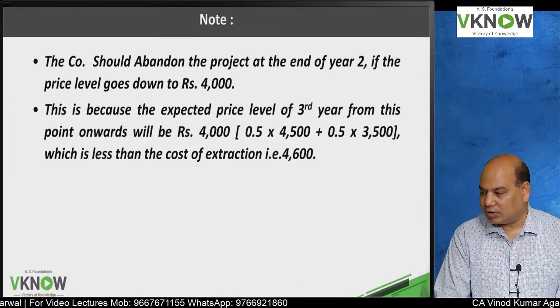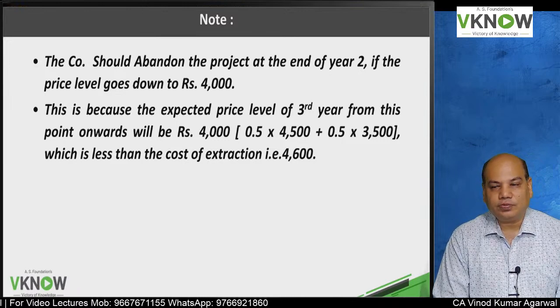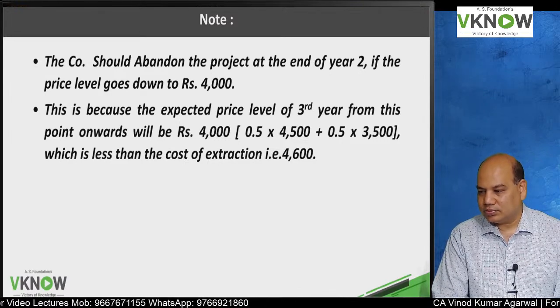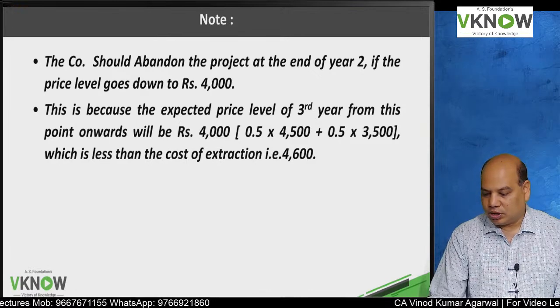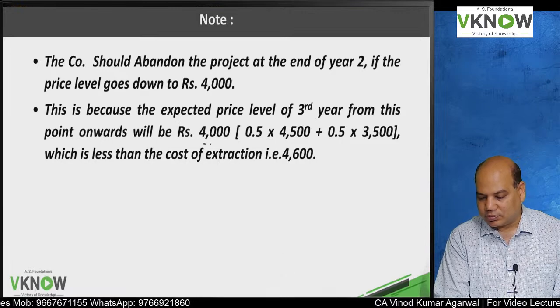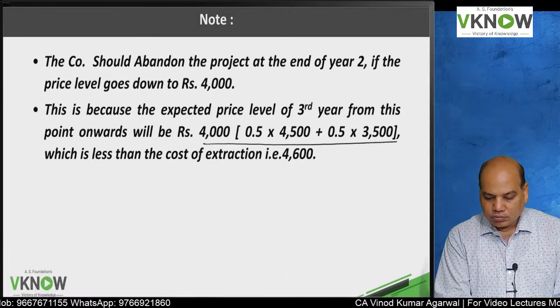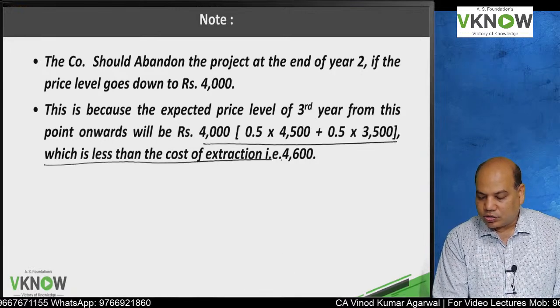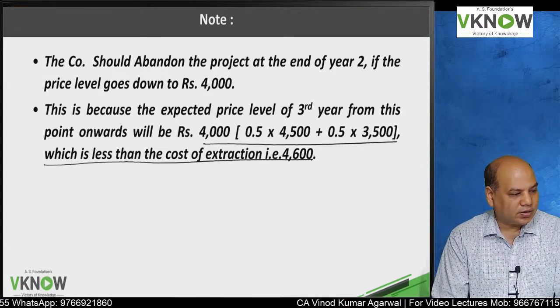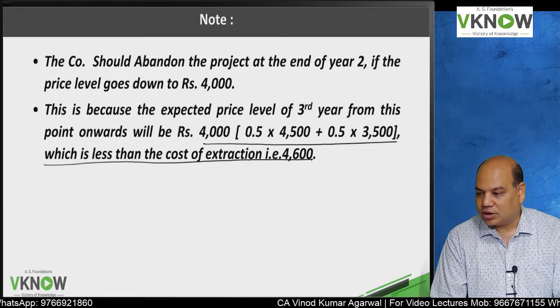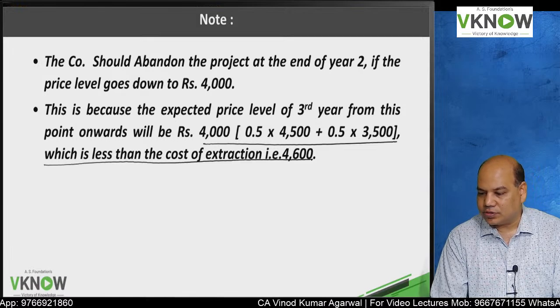In bracket write 0.5 into 4,500 plus 0.5 into 3,500. Keep looking at the diagram number 1, which is less than the cost of extraction, 4,600.